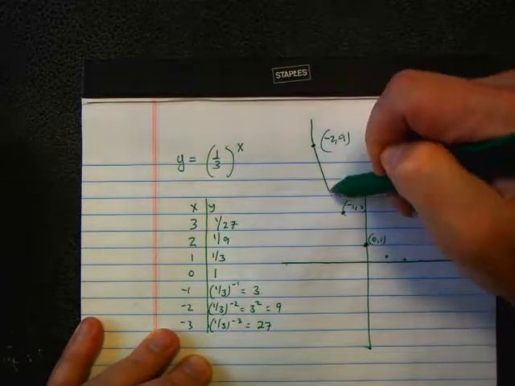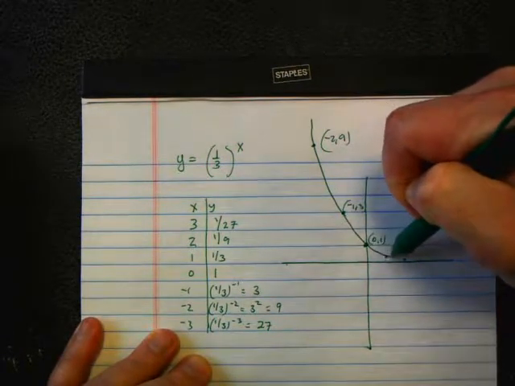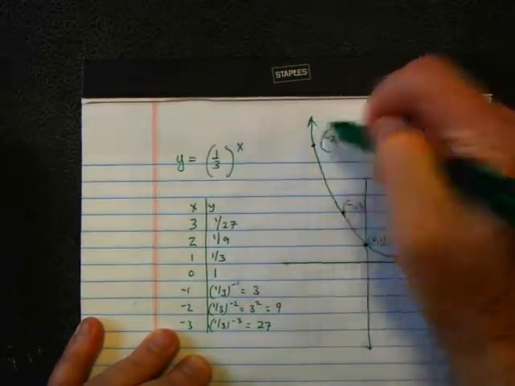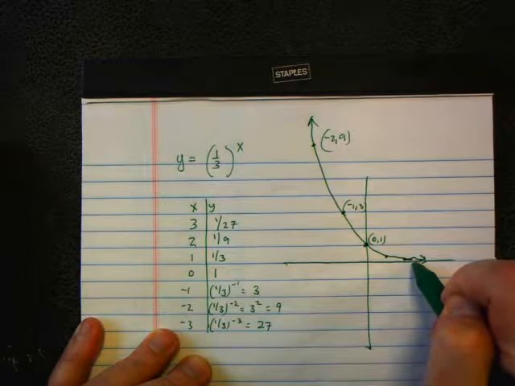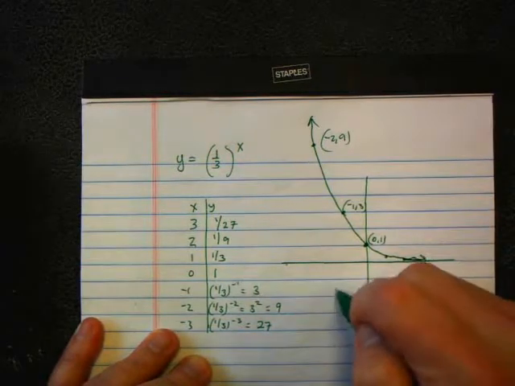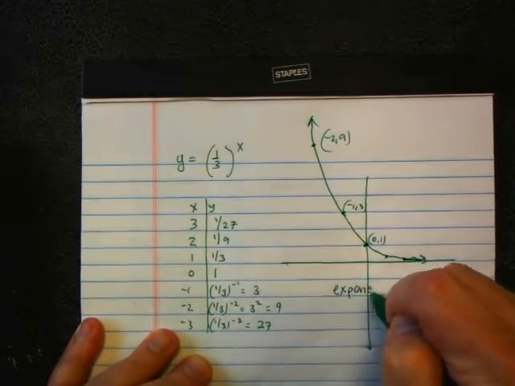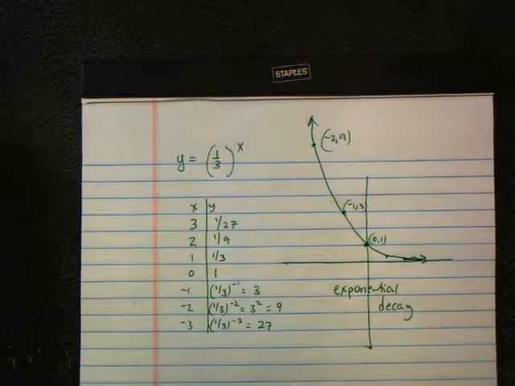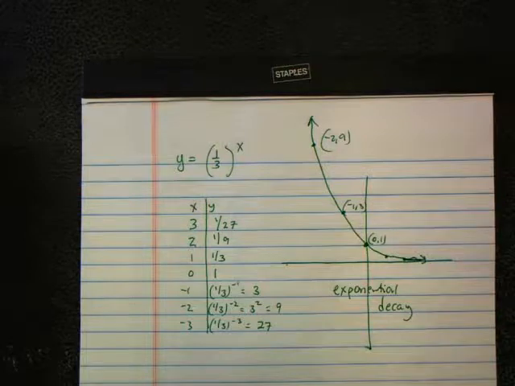You're right, it's a mirror image of what we had last time. Oops, that's supposed to be a nice smooth curve. Ignore the little bump there. And that's called exponential decay. When it's decreasing like that, it's called exponential decay.